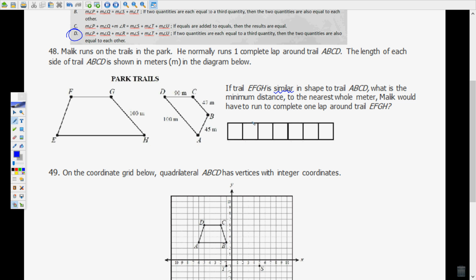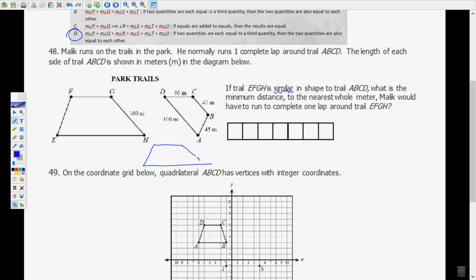So what we have to do here is figure out the ratio of what we do have. And what I did was I turned my small trapezoid around so that they would match up, because right now the sides do not match up for corresponding parts.